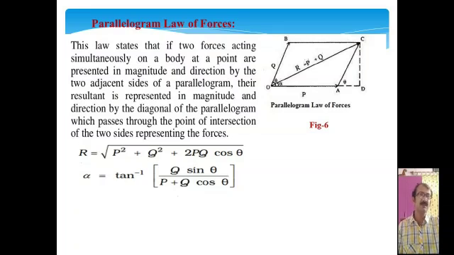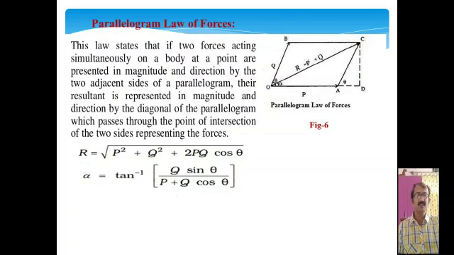In figure 6, there are two forces P and Q, and R is the resultant of P and Q, that is the diagonal of this parallelogram. So R is nothing but P plus Q.